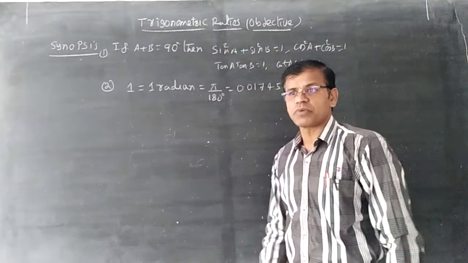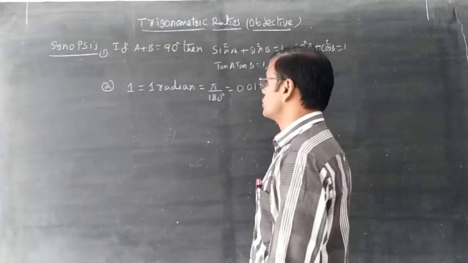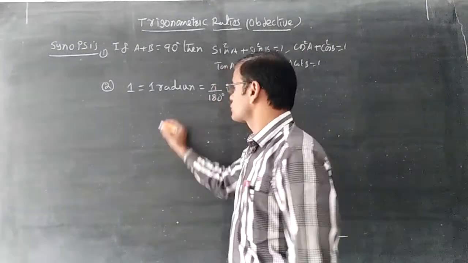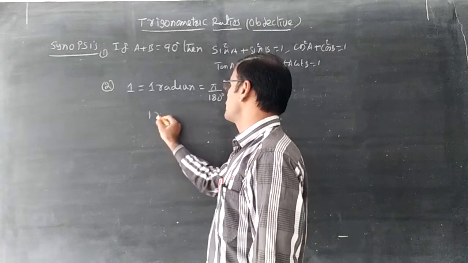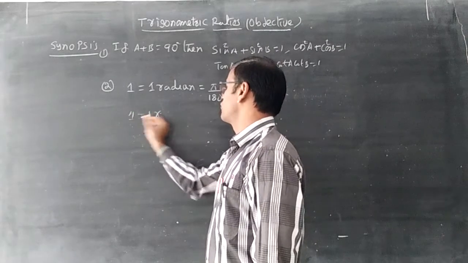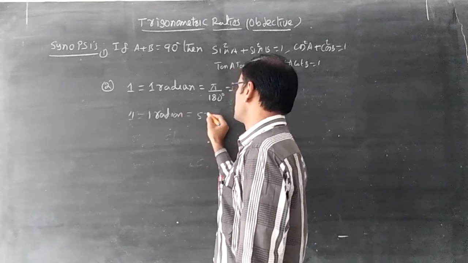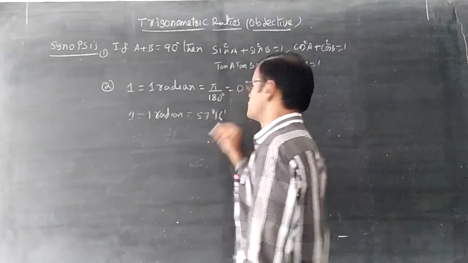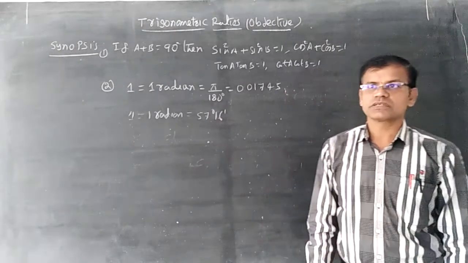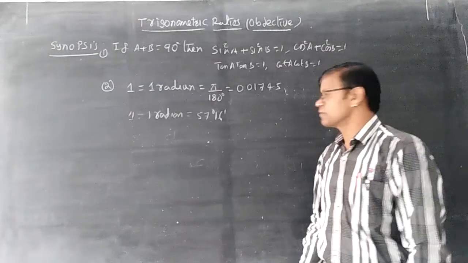By calculation of pi by 180 we get the value 0.0175. And 1 radian you can understand as 57 degrees 16 minutes.